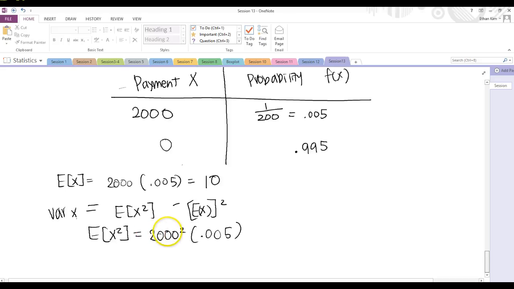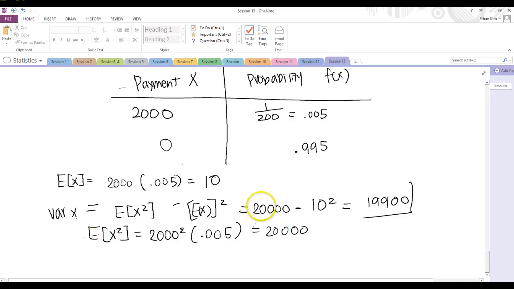And when we do that, we get a pretty big number, which is 20,000. And we're not done yet. To look for variance, we have to do 20,000 minus the expected value squared. So once you do that, you're going to get this number. So this is your variance.